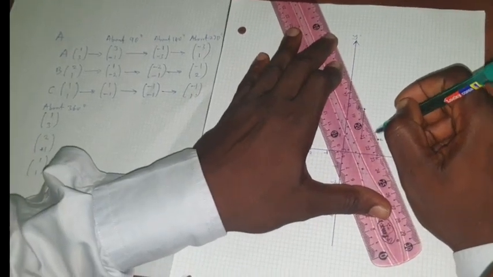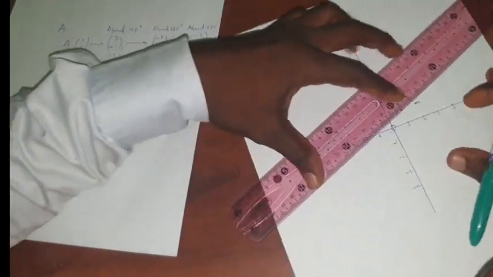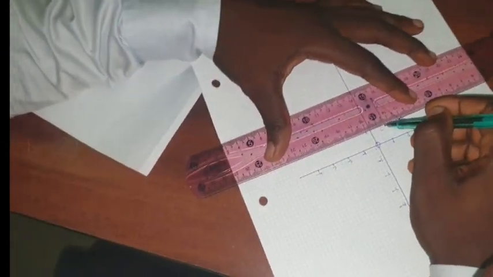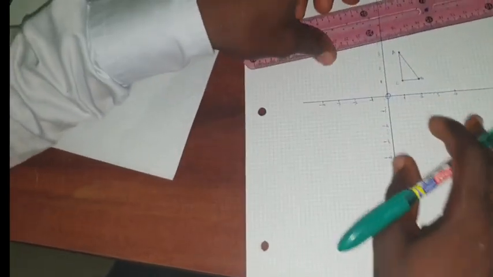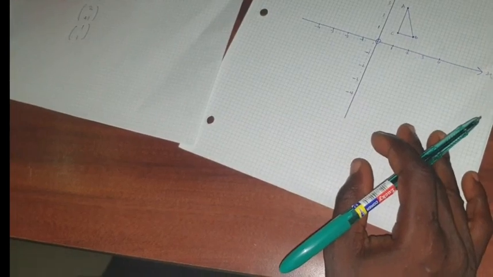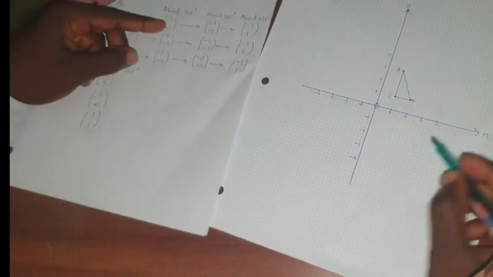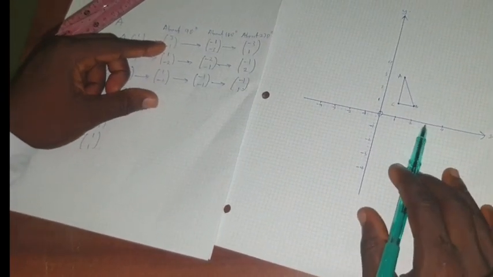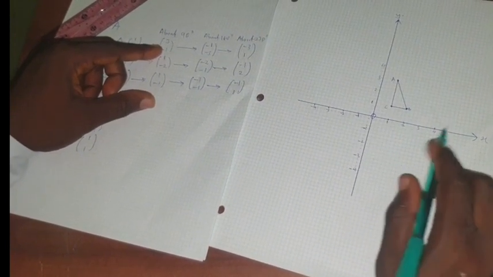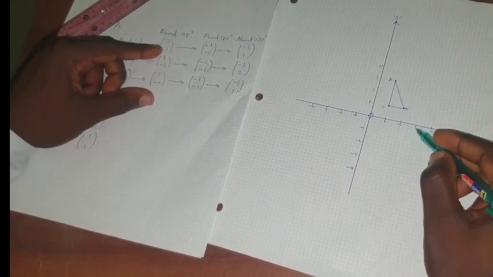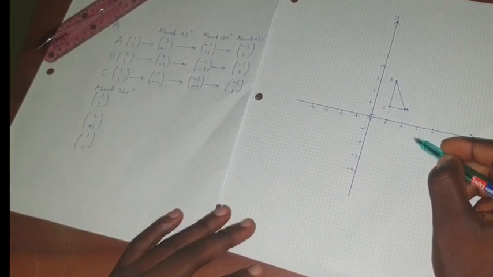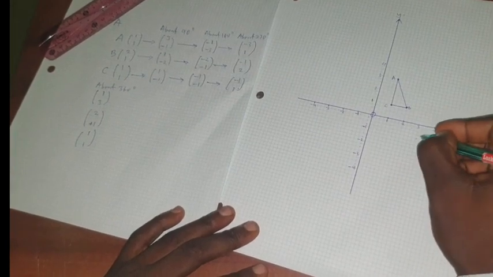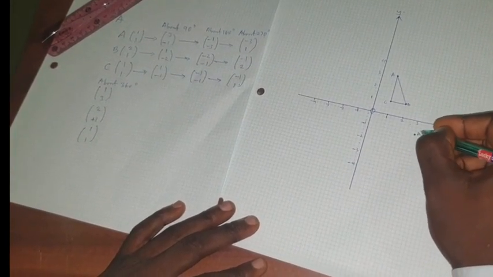Now we want to rotate about 90 degrees, 180 degrees, and 270 degrees. So let's now rotate about 90 degrees. We use the value for 90 degrees, that's 3, minus 1. So 3 on x-axis, minus 1 on y. Since we are moving clockwise, we are moving to the right. So this is point A prime.